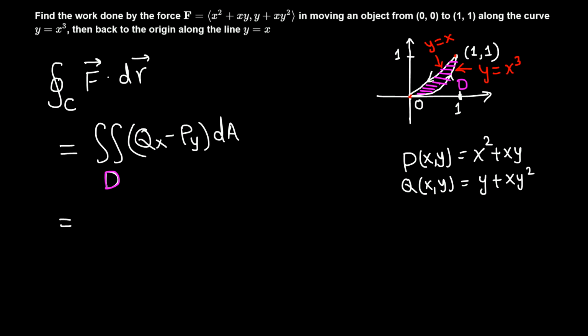That's the easy part. Now let's convert this double integral into an iterated integral, and we can make this type 1. If we make this vertical arrow, the lower curve is y equals x cubed, the upper curve is y equals x, and x ranges from 0 to 1. So we can make type 1, that means dy dx.